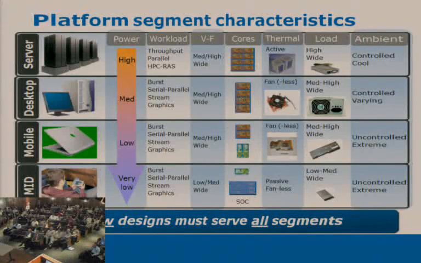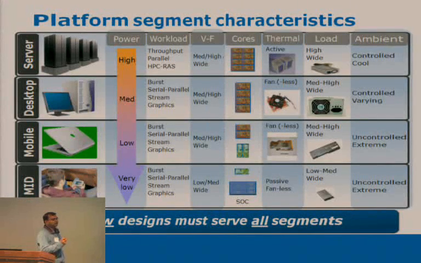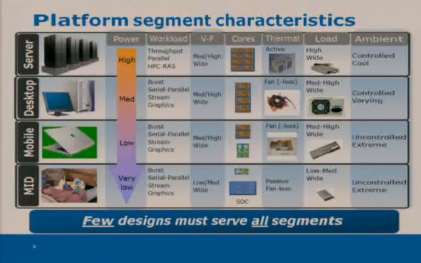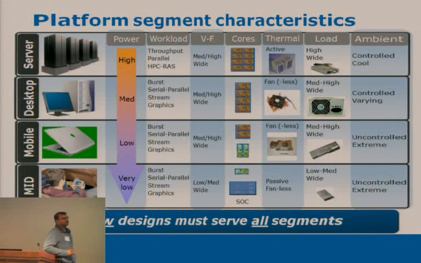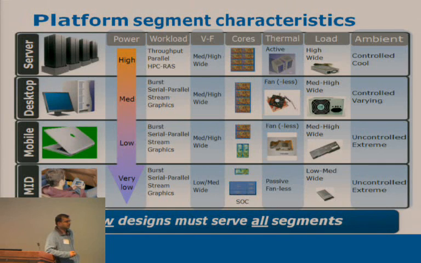So just to summarize the challenge we face, we have to design as few components as possible, to be cost efficient, to span a large range of applications or platforms. So you have servers, which are 100 watts plus of operating thermal power.